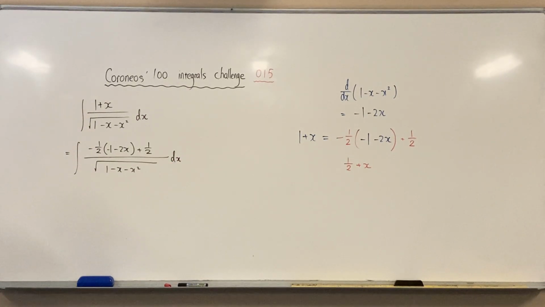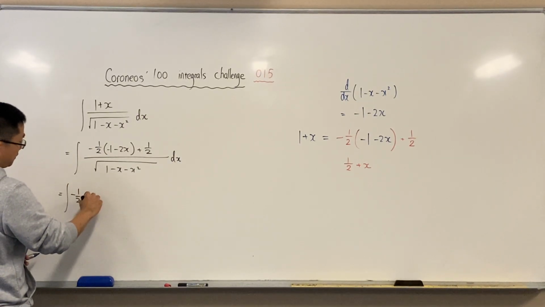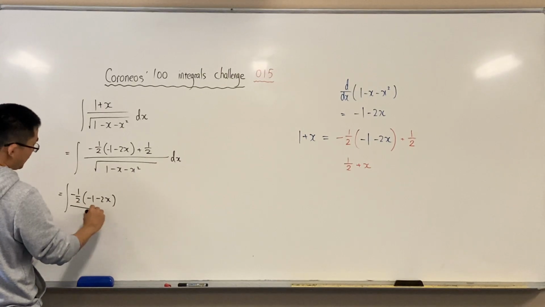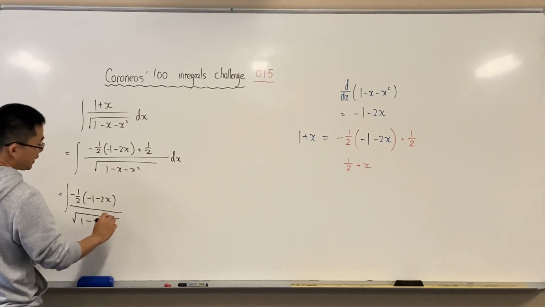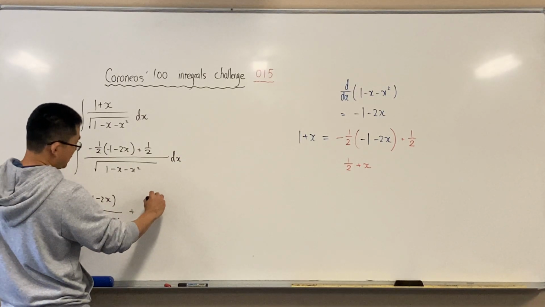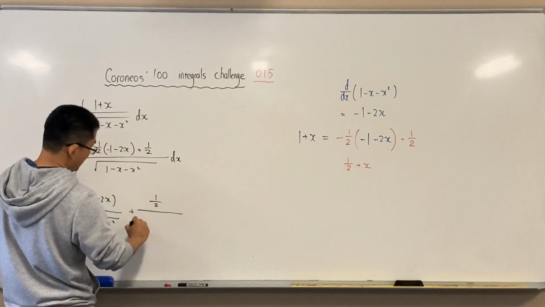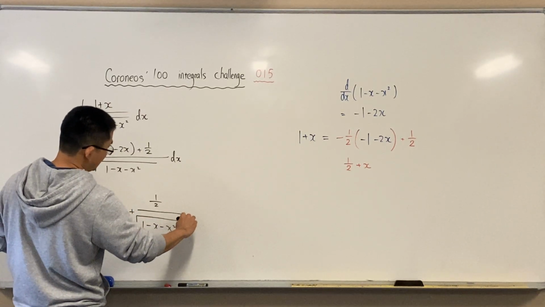Wow. All right, next we need to separate that into two fractions. Negative half times minus 1 minus 2x over square root 1 minus x squared, plus half over the square root of 1 minus x squared dx.